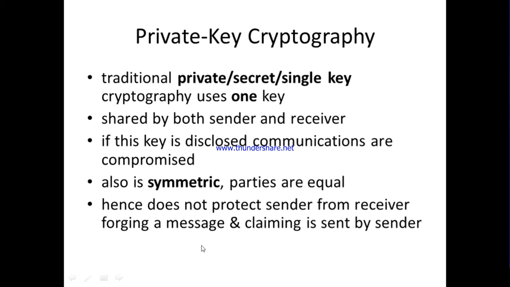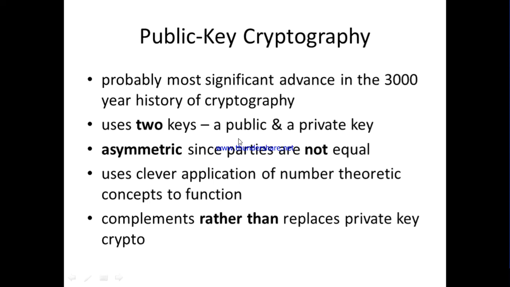The receiver is forging a message that it is sent by the sender, because the receiver is also having the same key. So that's why there is a problem here. Even though the sender is not sending, it can be made to look like the sender is sending, and the receiver is forging from the sender. So the receiver is claiming that it is sent by the sender, but it is not. This kind of problem you can face in private key cryptography.